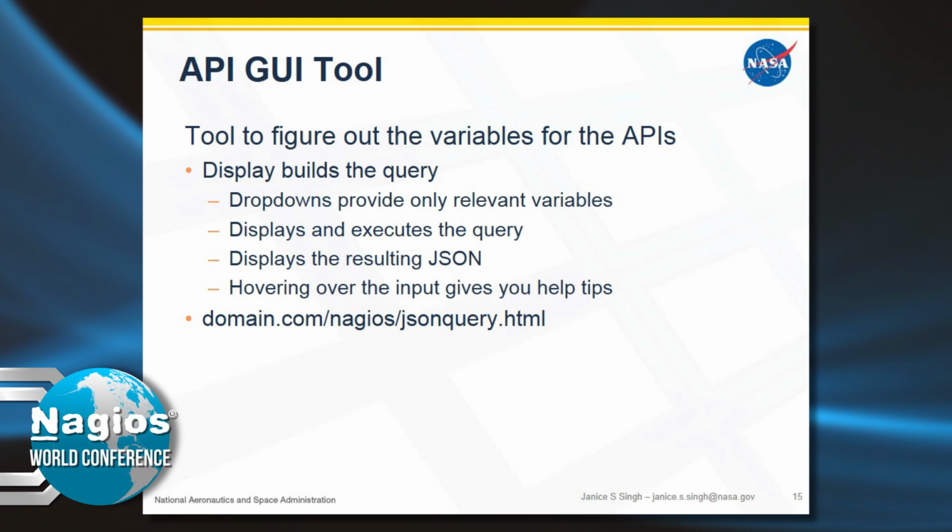I find that very helpful to put it together. I like using it to see the JSON output and for debugging, actually more than I use the web interface. If you hover over any of the input values, it gives you tips on how to build it. To get to it, it's just your normal Nagios, and then afterwards jsonquery.html.